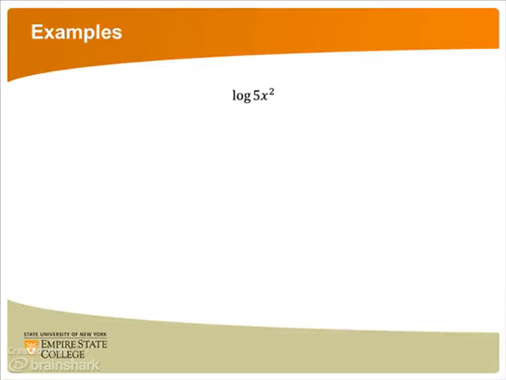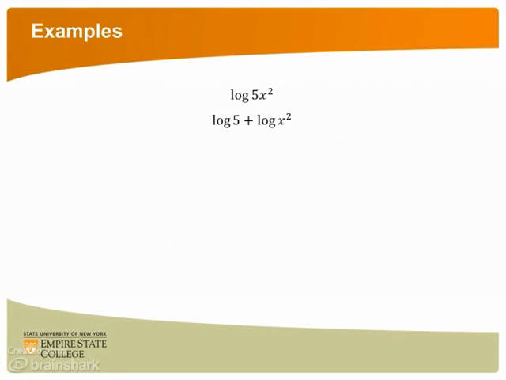Suppose we wanted to expand the common logarithm of 5x squared. First, we recognize that the 5 is multiplied by the x squared. The first step of our expansion would be the log of 5 plus the log of x squared, since the log of a product is the same as the sum of the logs. We are not quite done.